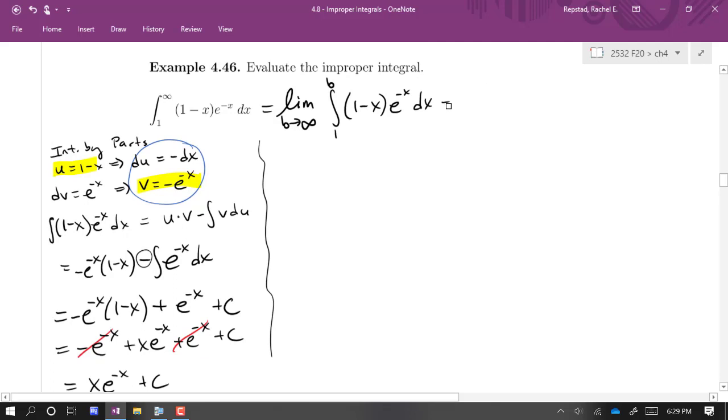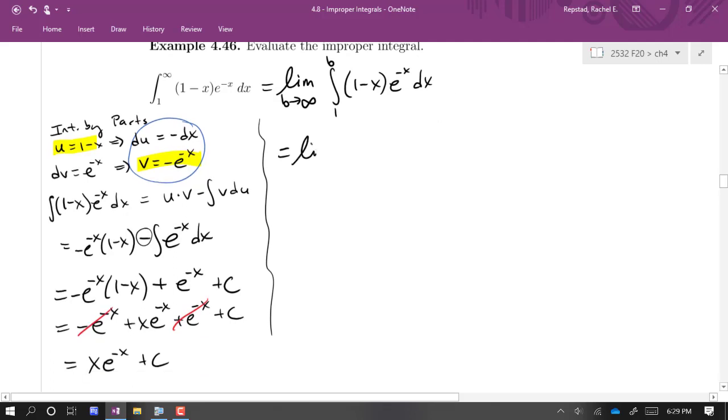So this is equal to the limit as b approaches infinity of x times e to the negative x from 1 to b. And now we can plug in the limits. I think actually what I'll do first is rewrite that. E to the negative x, I'm going to write that as a division and put the e to the x on the bottom.